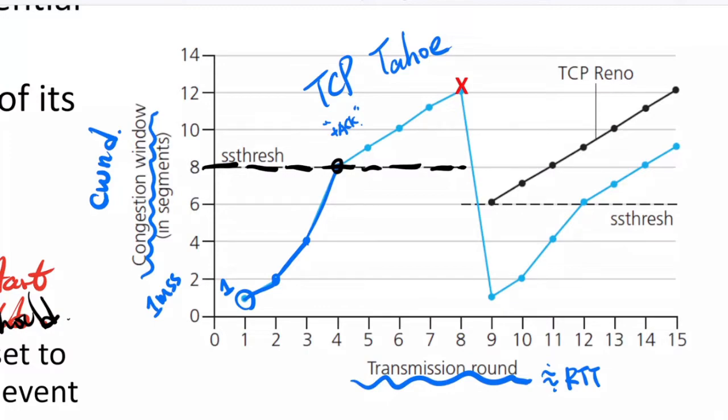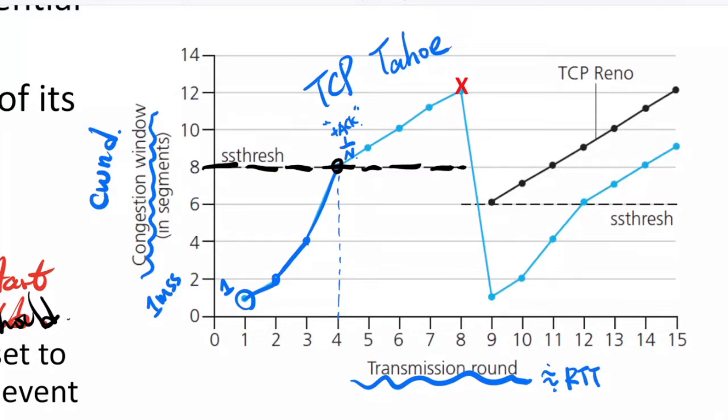At this moment, you add 1 over N. That means, for example, at this moment we have 8 packets sent out, and 8 acknowledgements will be sent back. But because 8 is not smaller than the slow start threshold, we don't add 1 to the congestion window.